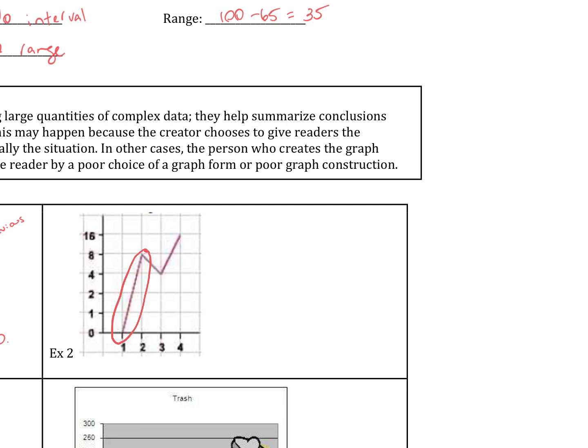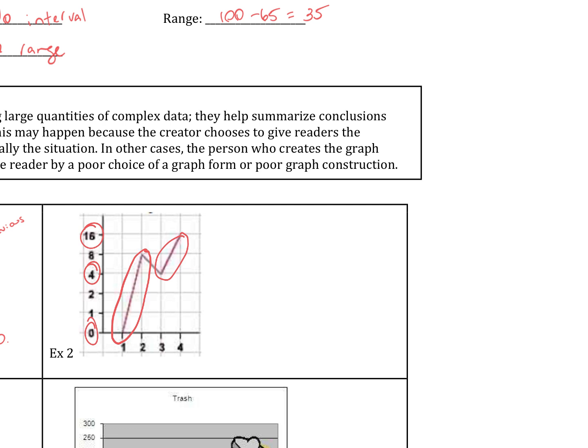The next increase shows that in between an interval it only jumps up two lines. But if you look at that, it goes from 4 to 16 in that interval. Whereas here, between 1 and 2, we only went from 0 to 4. And so in reality, that line should be less steep than the other line, because the interval is much smaller.